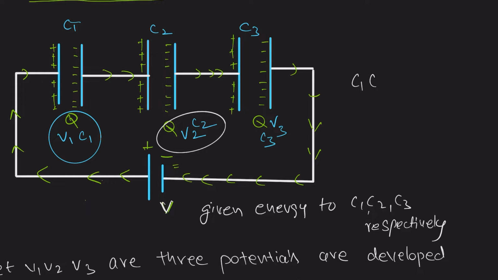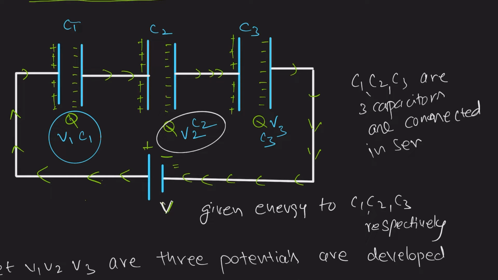See, C1, C2, C3 are three capacitors connected in series as shown in the circuit.